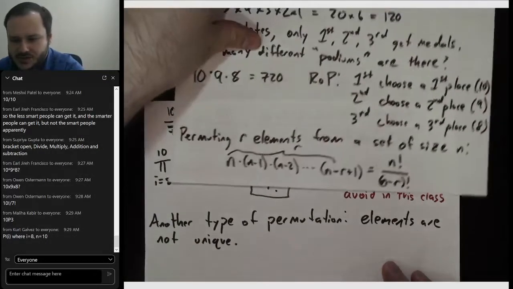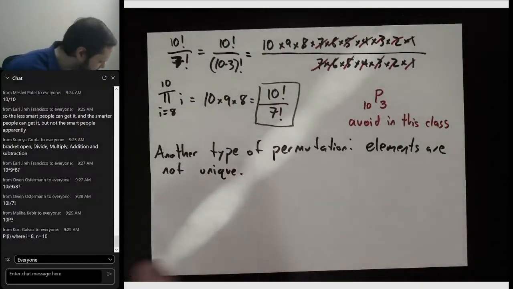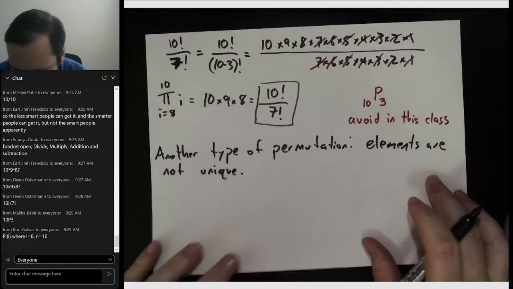So how many ways are there to rearrange the letters in the name Anna?